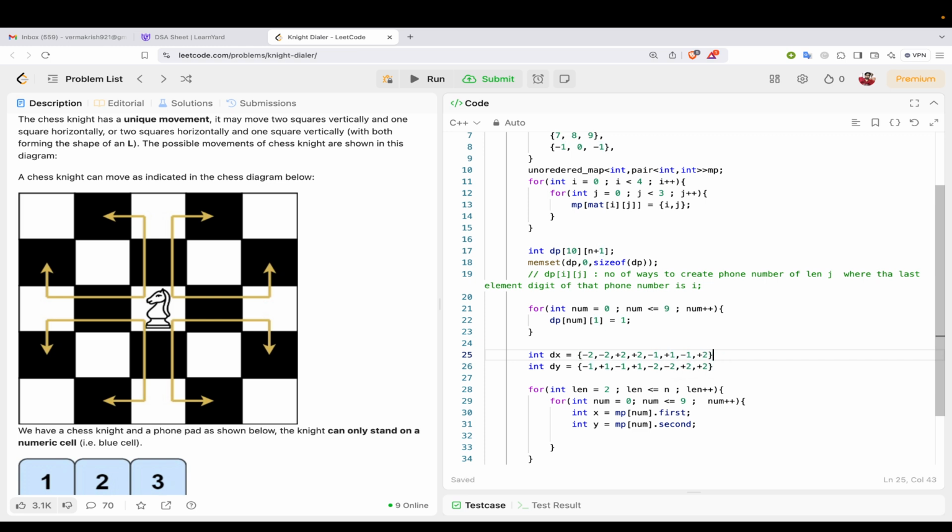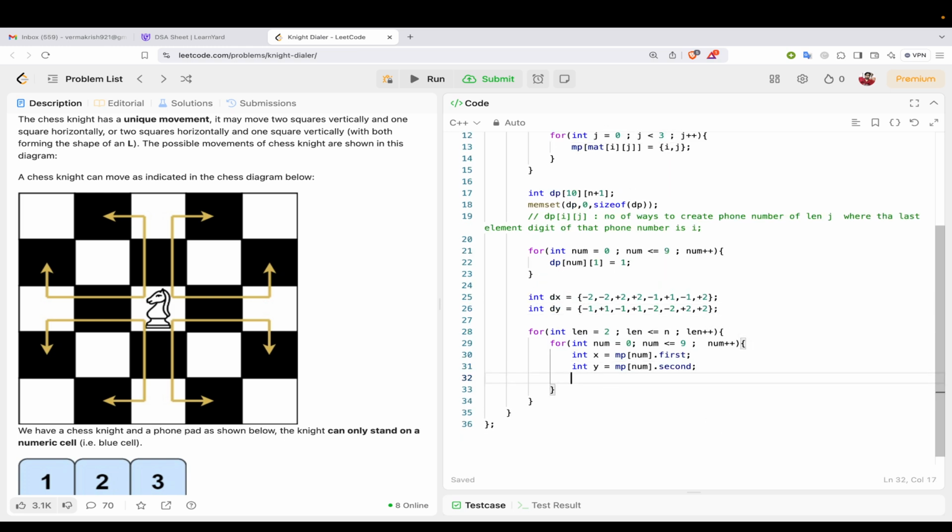So dx i and dy i are the pairs of all the possible positions for the knight movement on the chessboard or the dial pad. So I will iterate over this. There are a total of 8, so I will iterate on k equals 0, k less than 8, k plus plus.